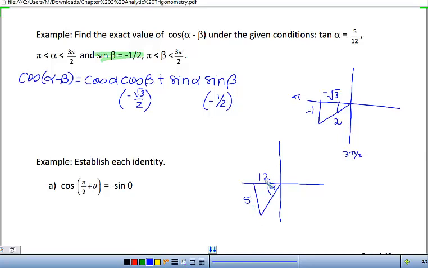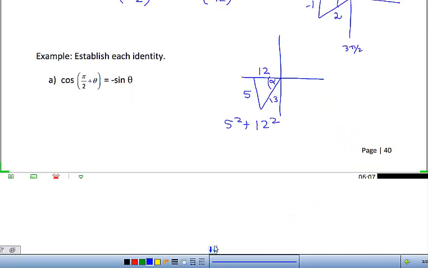And so if we go on and do our calculations there, I think this is also a Pythagorean triple. We'll get 13. 5 squared plus 12 squared equals 25 plus 144 equals 169. That's our c squared. So c is equal to 13.